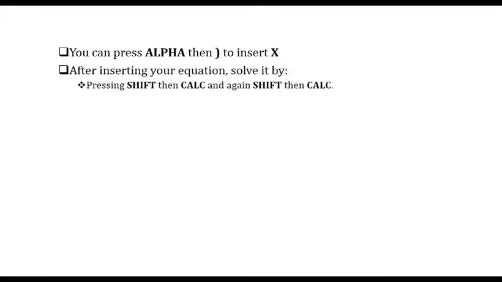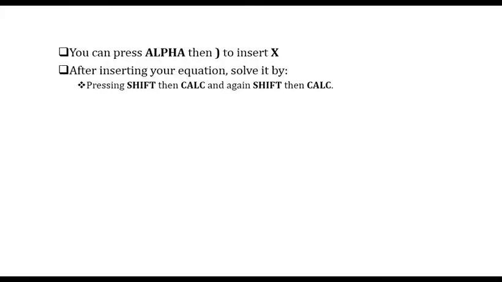Now, after inserting your equation, suppose you have inserted your equation and everything is done, how do you solve? If you look at our calculator, you will also see this. If you have a calculator by yourself now, before starting, you can just see the word solve. It's above the calculator, and it has the same color as the shift, and the shift is on the left side of the alpha that we used previously, right?